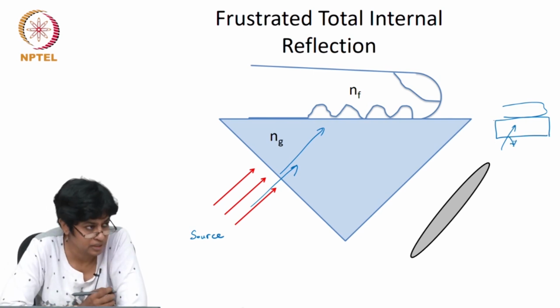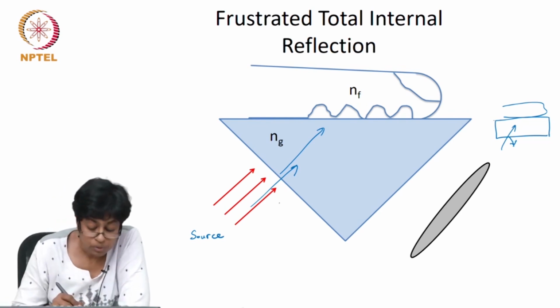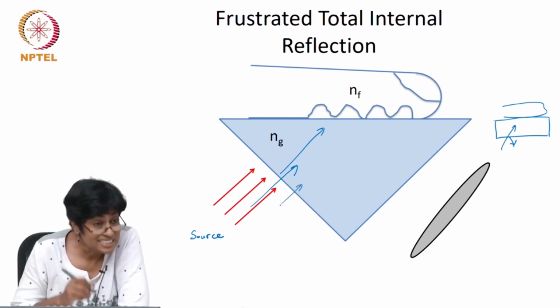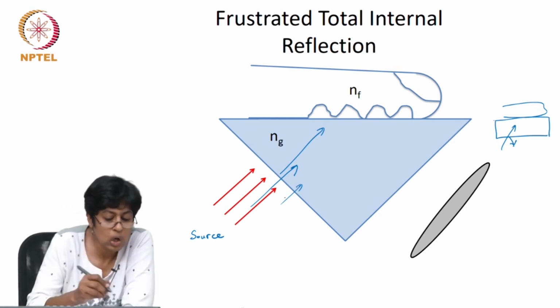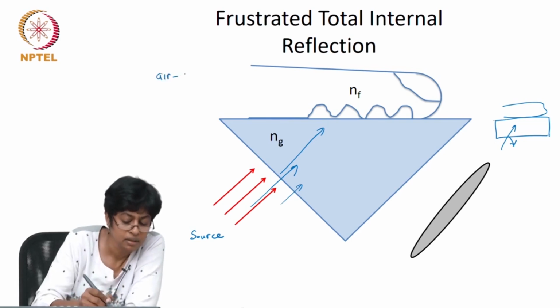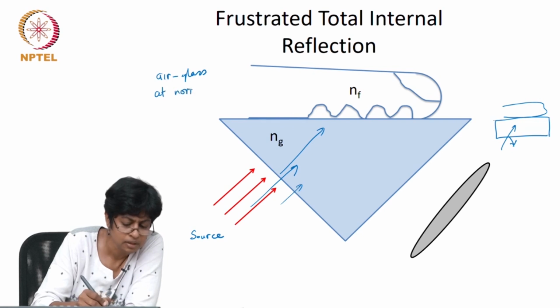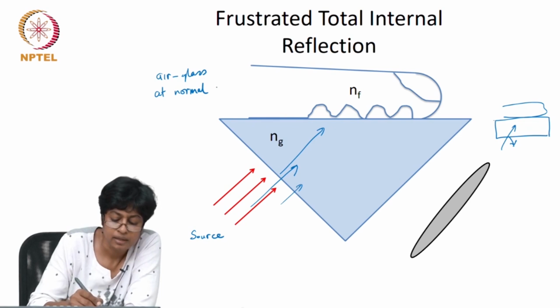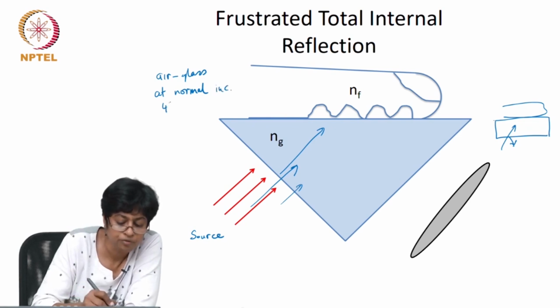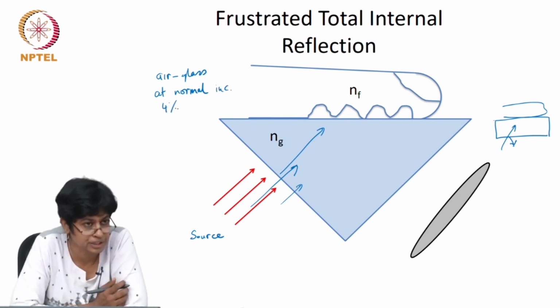There's always reflection. The amount of reflection over here is minimum because the incidence is normal. So in a normal air-glass interface at normal incidence, if you've not treated the glass in any way, you have 4% reflection.